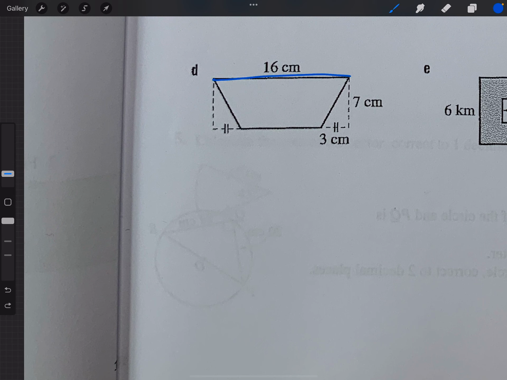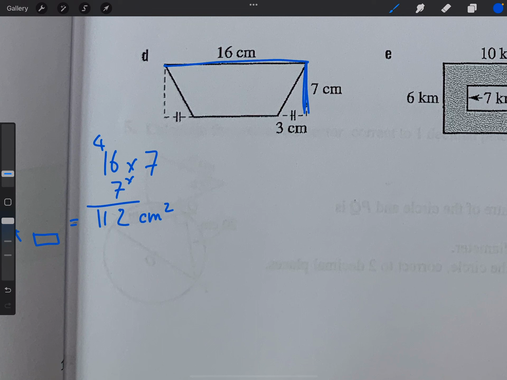The area of a rectangle is the length, which is 16, times the 7, which is the width or height. Now 7 times 16, let me see what that is. 6 times 7 is 42, and that'll be 112. So the area of the rectangle is equal to 112 centimeters squared.